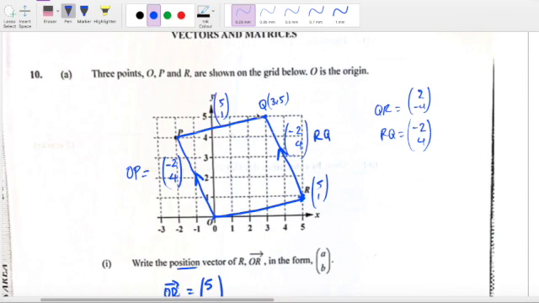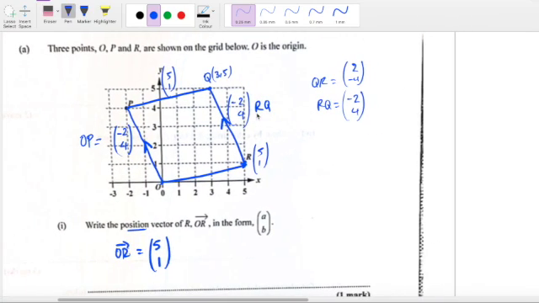So how do we prove that this is a parallelogram? Because the vector PQ equals the vector OR, which is the vector 5, 1. Therefore, PQ is parallel to OR.